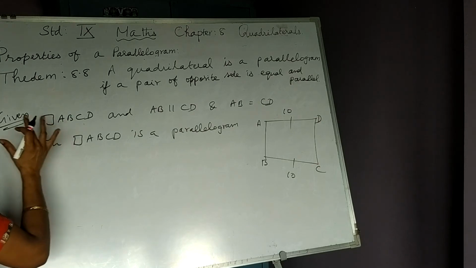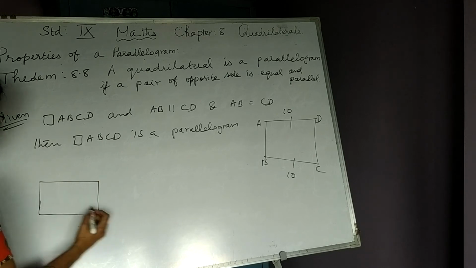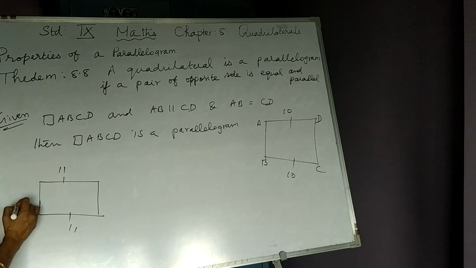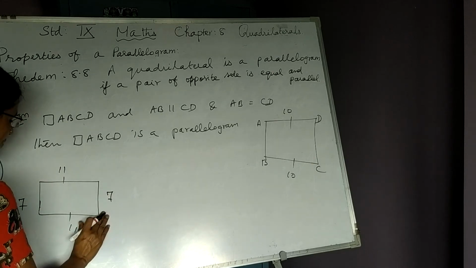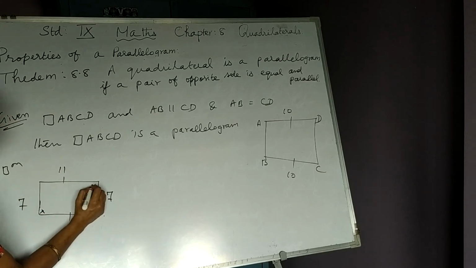So let us summarize all the properties we studied just now. What are the properties we studied? If it is a parallelogram, opposite sides are equal. If this is 11, this is also 11. If this is 7, this is also 7. So in any parallelogram, opposite sides are equal. Opposite angles are equal.